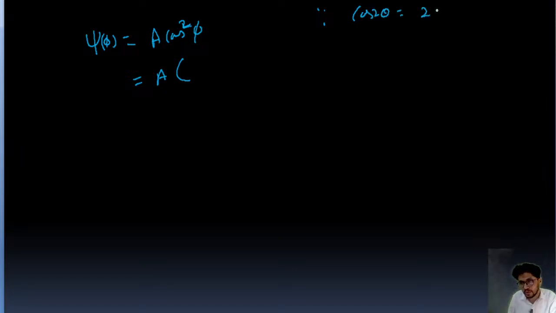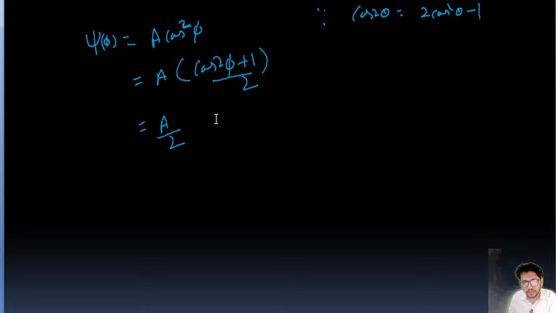So psi phi is given, that is A cos square phi, right? We can write it like this because we know cos 2 theta equals 2 cos square theta minus 1, right? So cos square theta is going to be (cos 2 phi plus 1) by 2, or we can write A by 2 into (cos 2 phi plus 1), right?